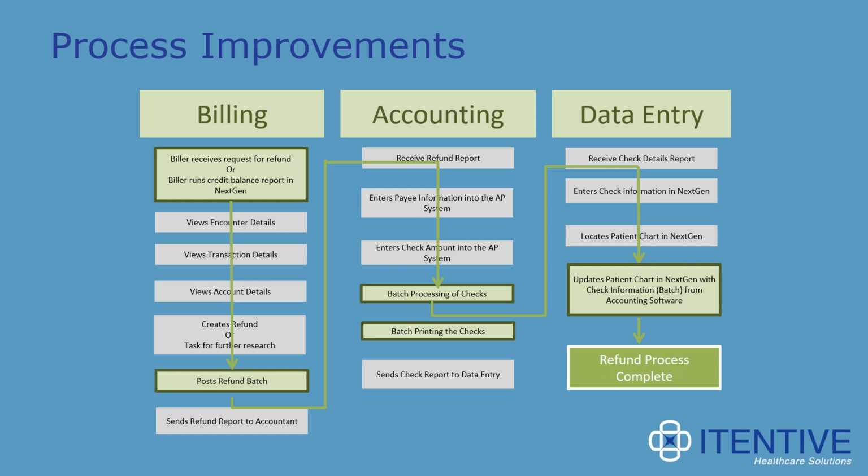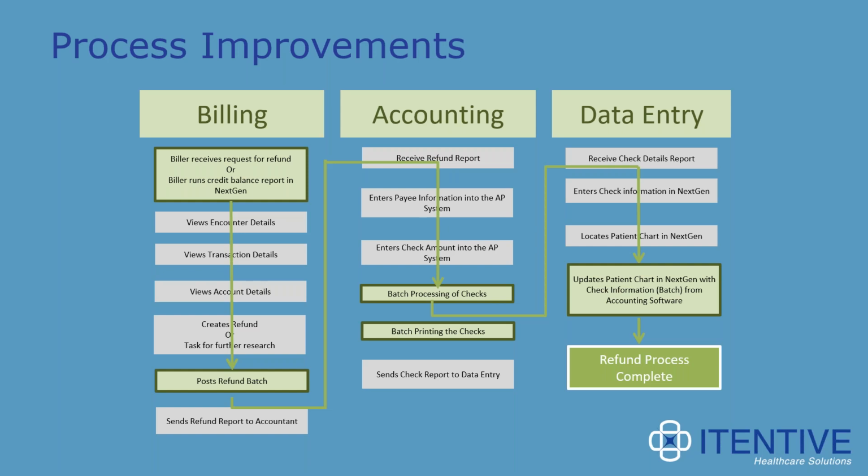The other way is what I call a proactive manner, and that is if you go on a regular process once a week, once every 2 weeks, once a month, you're going through and processing the credit balances on your patient accounts. Whether it's reactive or proactive, you're going to look at the encounter details, the transaction details, and the account details and determine what to do with that credit balance, whether to issue a refund or maybe apply that credit to an encounter that has an open balance on it.